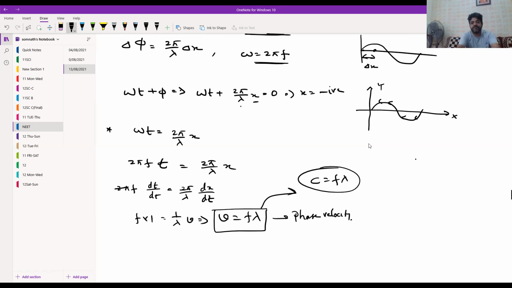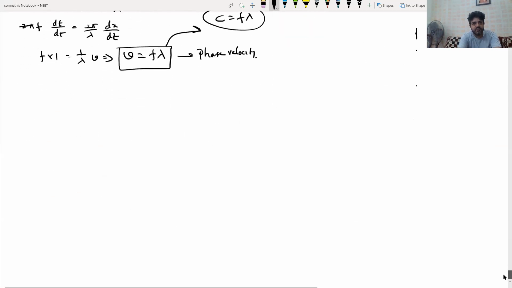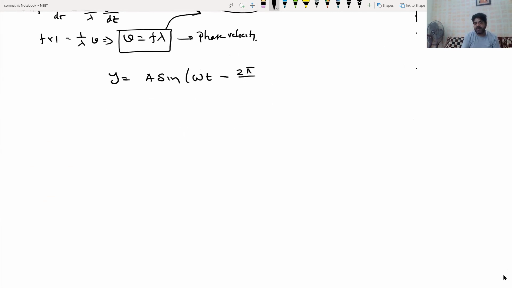Now, apart from that, suppose one more very important thing. Suppose y is a function, that is a sine of omega t minus 2 pi by lambda x.